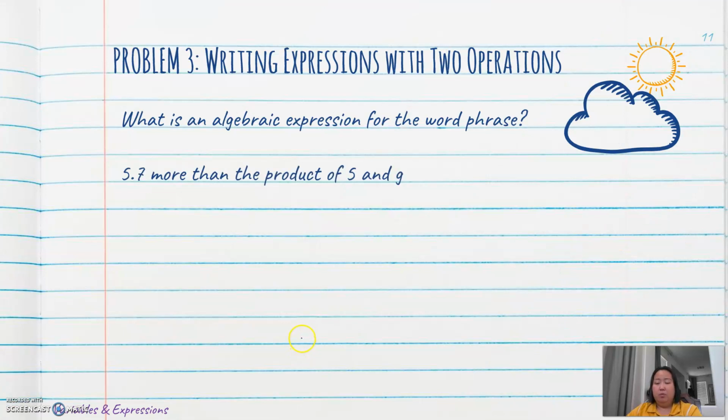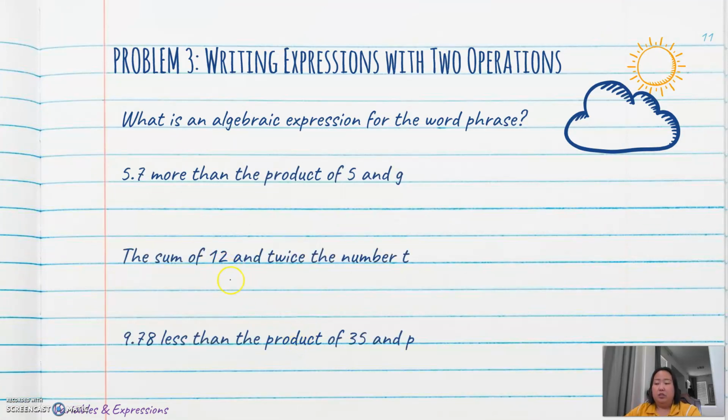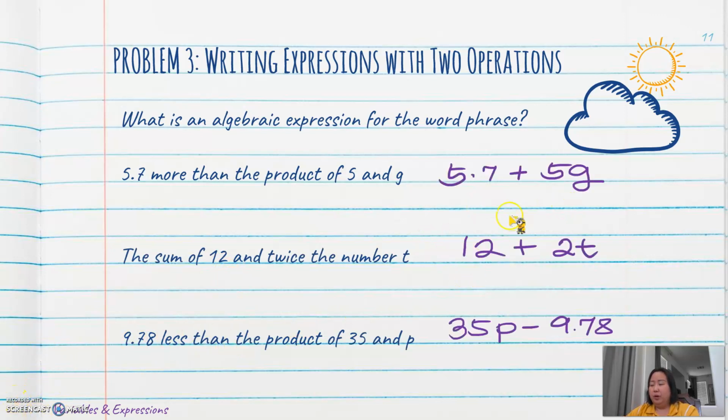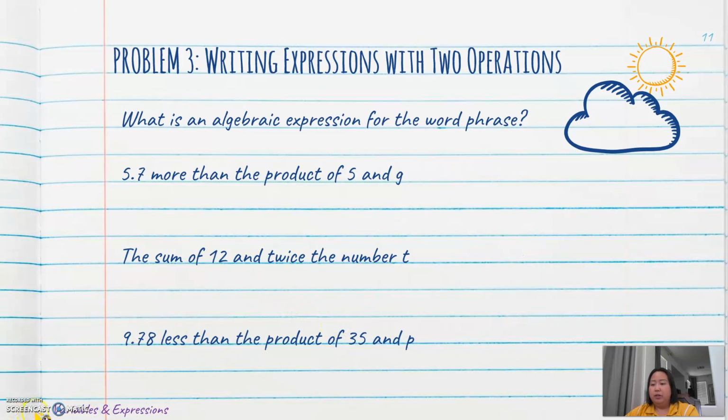So here are some more practice questions that you can try out. Go ahead, feel free. All right, so these are the answers to each of these questions on this slide. So now let's move on.